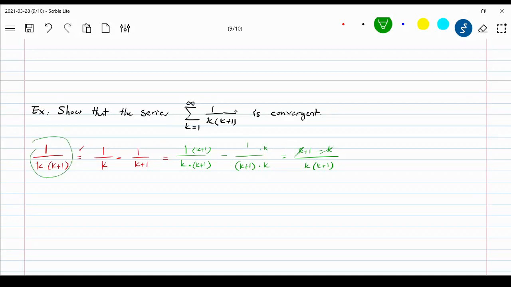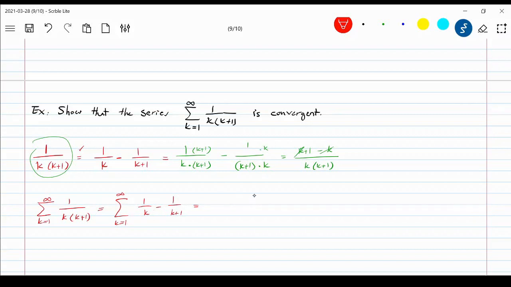So now if we look at this series, the summation from k equals 1 to infinity of 1 over k times k plus 1, you can think about this as the summation from k equals 1 to infinity of 1 over k minus 1 over k plus 1. But that doesn't really give you that much unless you think about it this way.